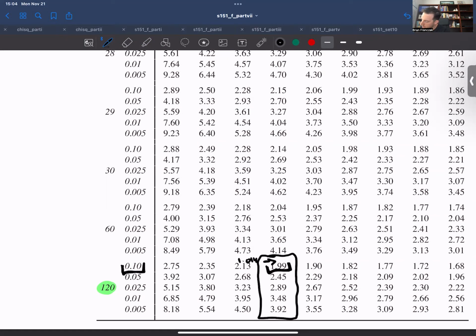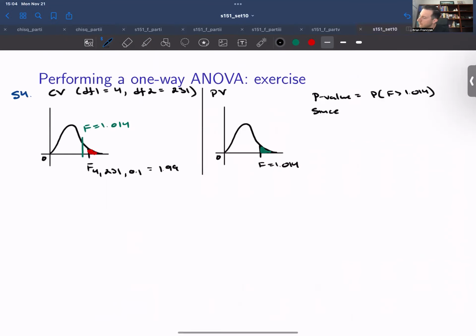That means the tail area has to be bigger than 0.1. Since our value is smaller than the smallest listed value, the area to the right has to be bigger than the largest listed value. So here we would say, since this probability here is greater than 0.1, then the p-value is greater than 0.1.